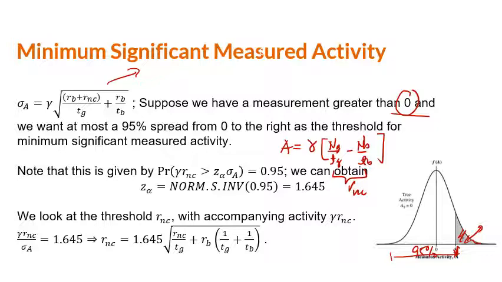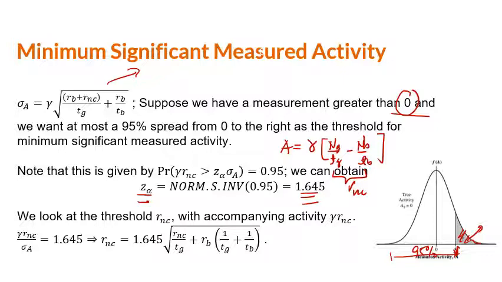If we look at our distribution na Z alpha, in which the area is 0.95, this can be done in your Excel. The command is NORM.S.INV of 0.95. Yung Z alpha natin is equivalent to 1.645.